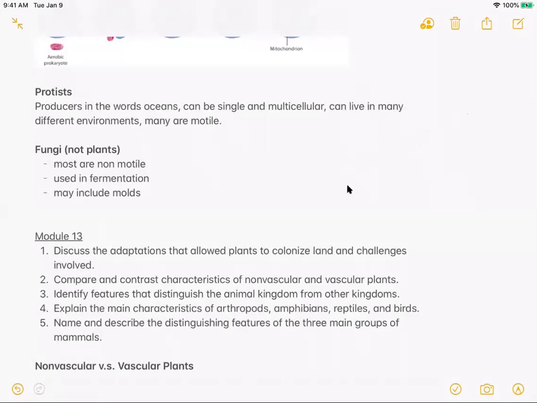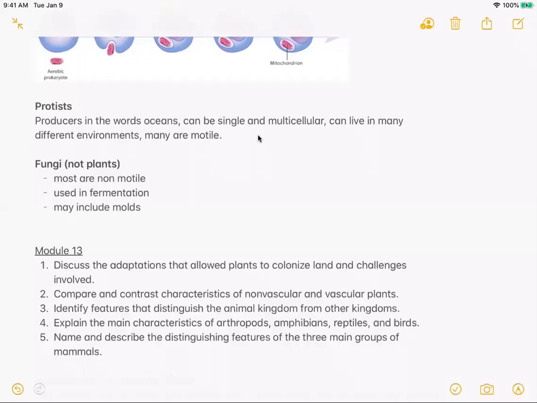And then, going into fungi. Fungi, I would like to remind you, are not plants. They are considered eukaryotes, and most of them are non-motile, which means that they cannot move; they usually stay in one place. They are used in fermentation in some cases, and they may include molds.